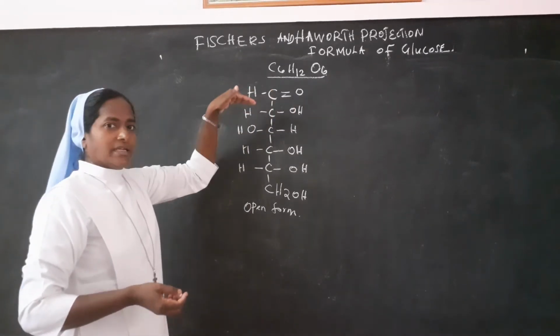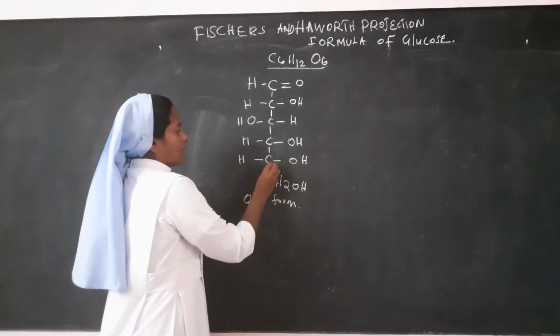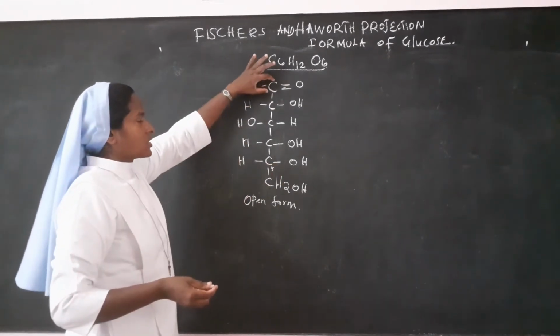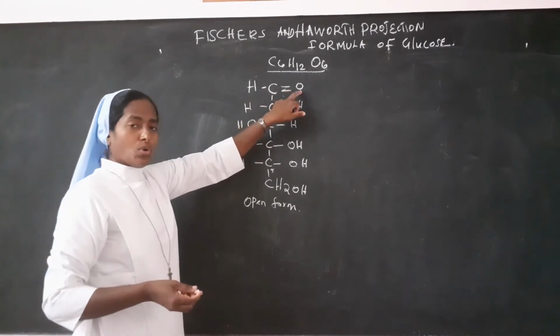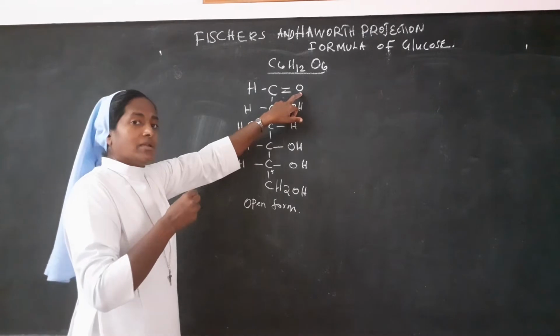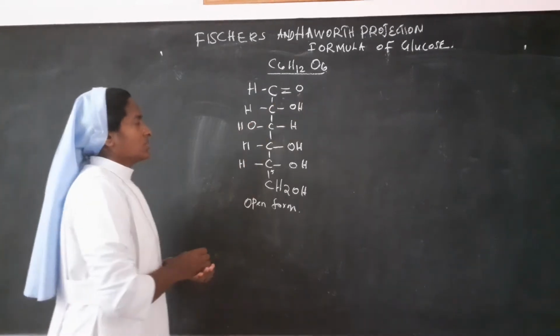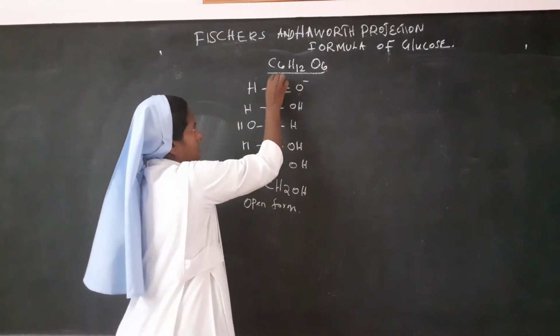Now there is an interaction between this first carbon and the fifth carbon. Why? Because the first carbon has C double bond O and H, and this oxygen has higher electronegativity. So it will get a partial negative charge and the carbon will get a positive charge.